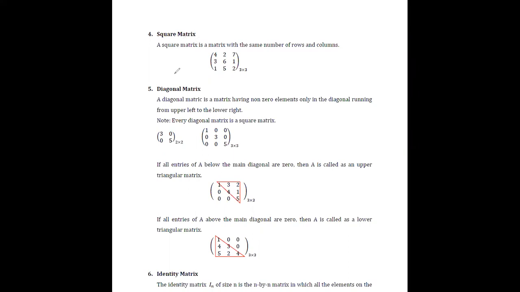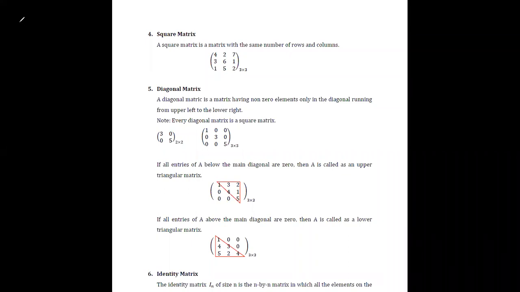Therefore, every diagonal matrix should be a square matrix. For any matrix having a rectangular shape, we cannot identify a diagonal matrix. Therefore, if it is a diagonal matrix, then it must be a square matrix.